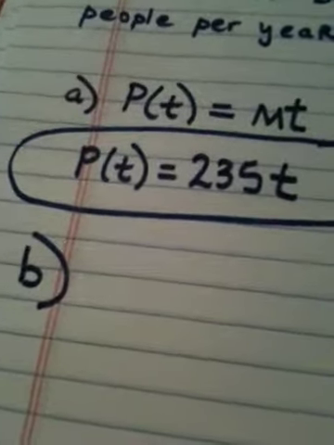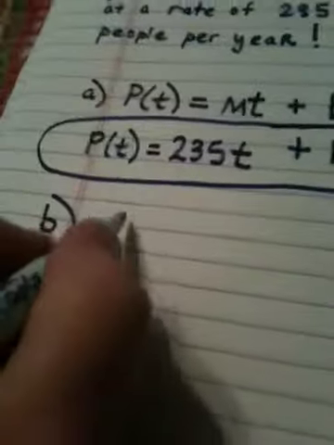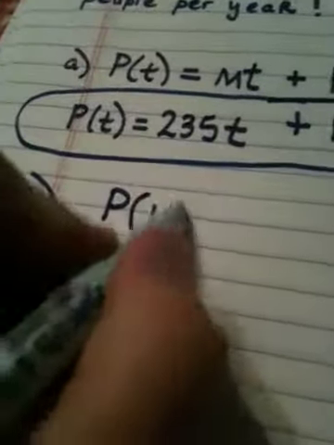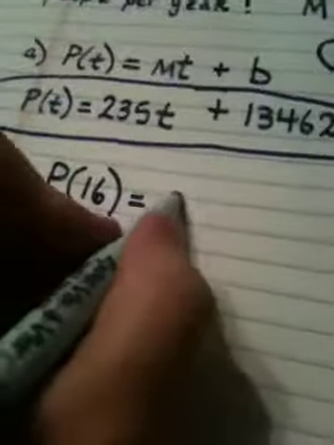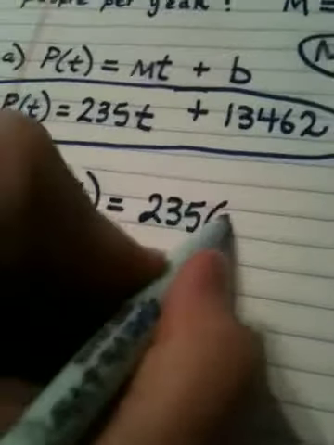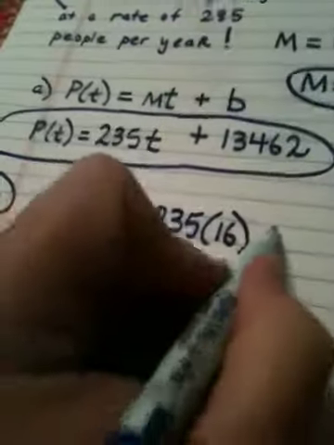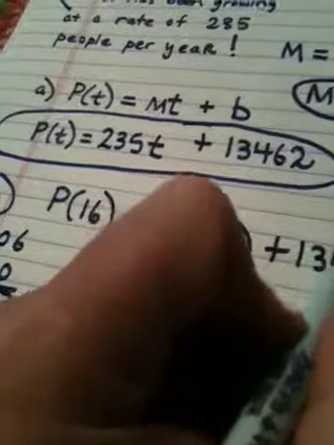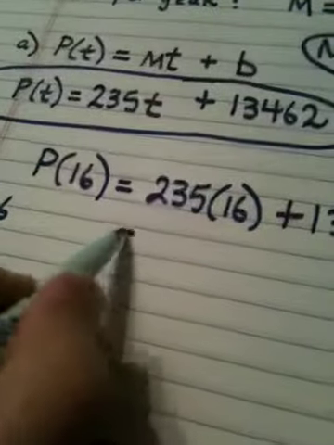In 2006, that would be 16 years. If I want to know what the population would be in 16 years, I put 16 into my model. P of 16 is 235 times 16 plus 13,462.